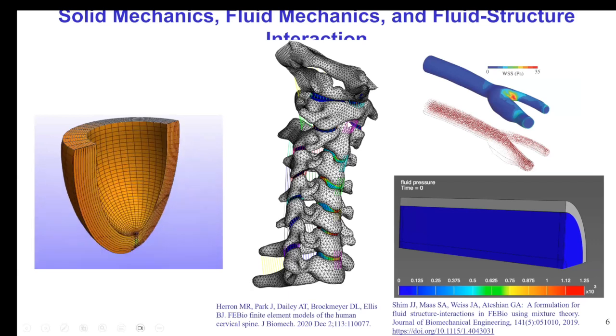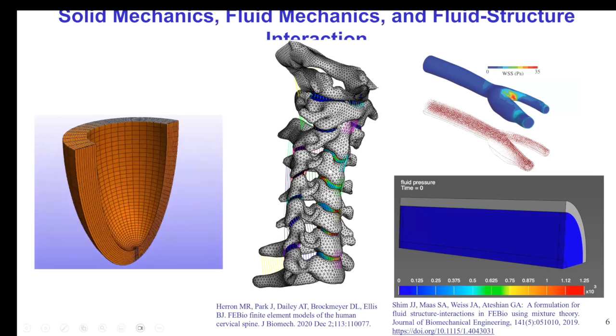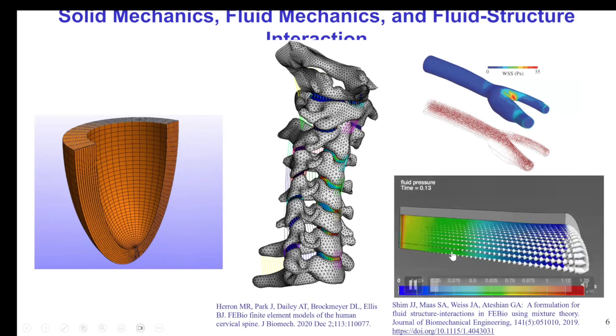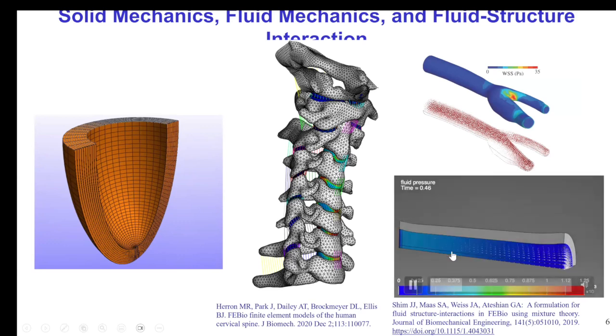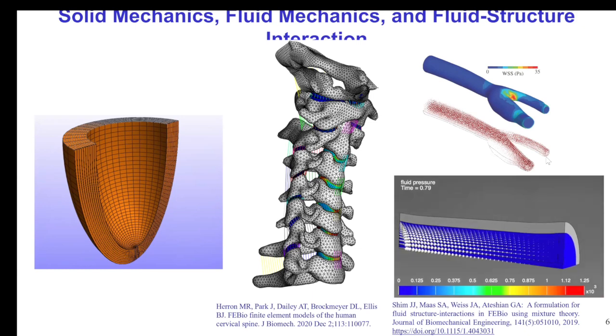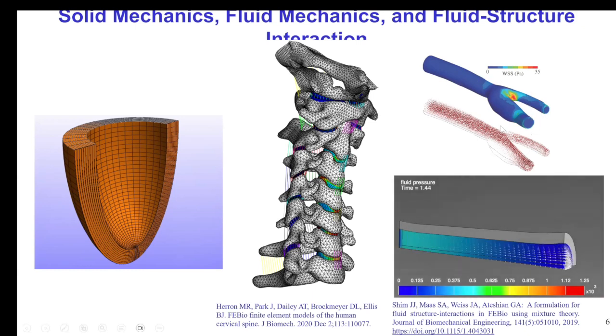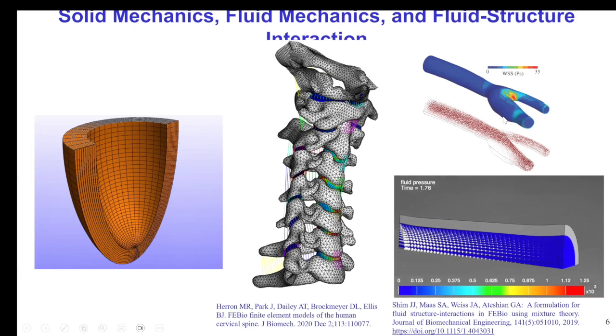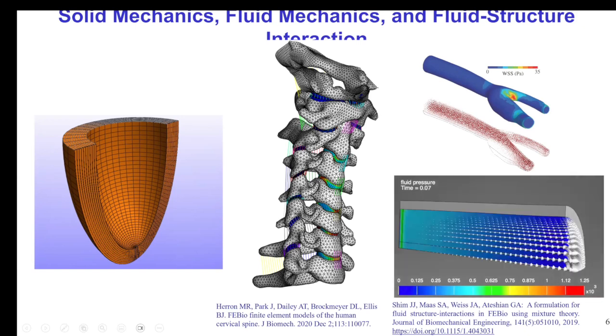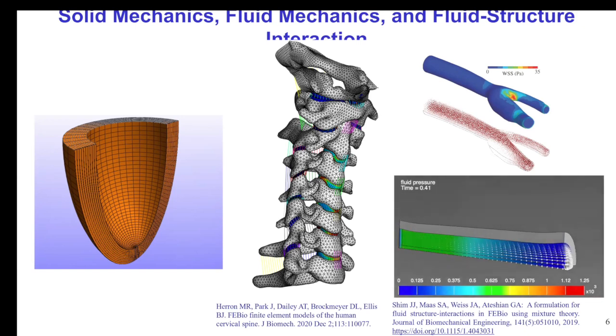The center model here is a model of the cervical spine that was put together by my colleague at University of Utah using FEBio from CT data. This is an example, a test problem illustrating fluid structure interaction coupling that Professor Teshian put together. And this problem in the top right here is a fluid dynamics analysis of the carotid artery that was performed in the context of the manuscript that was published on this topic.